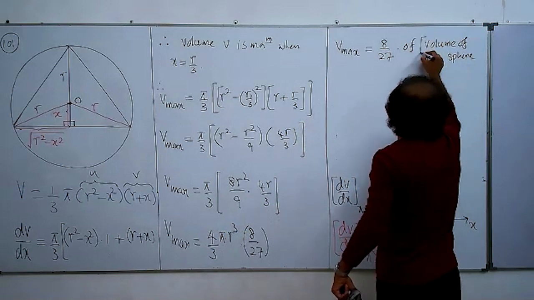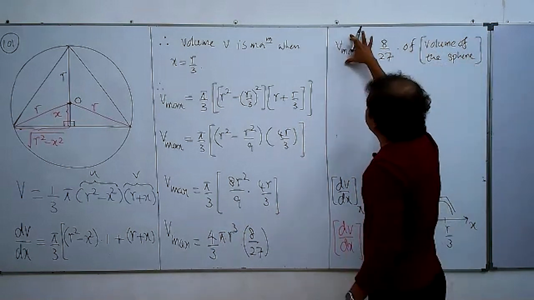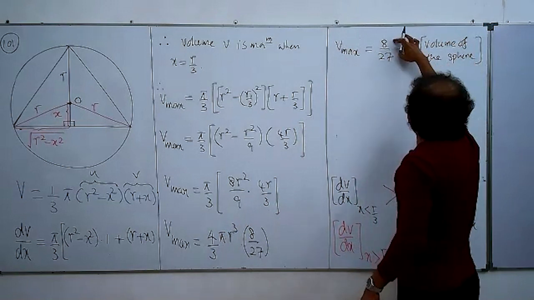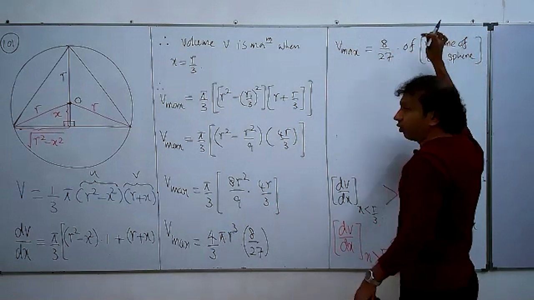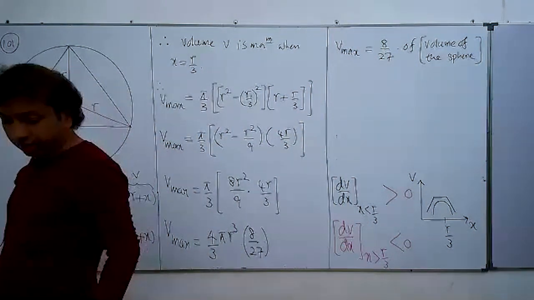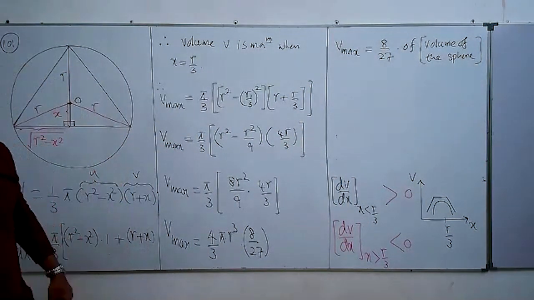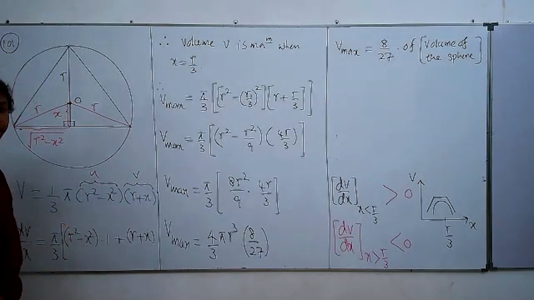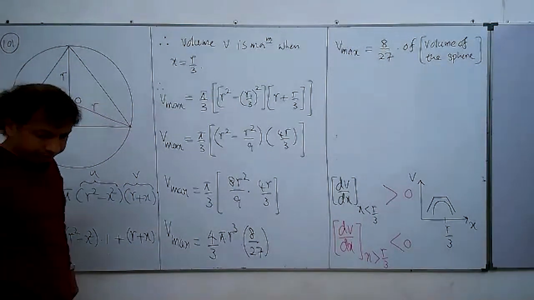Correct now, people? Then the maximum volume of the cone is 8 upon 27 of the volume of the sphere. That's how, people, we get that answer.